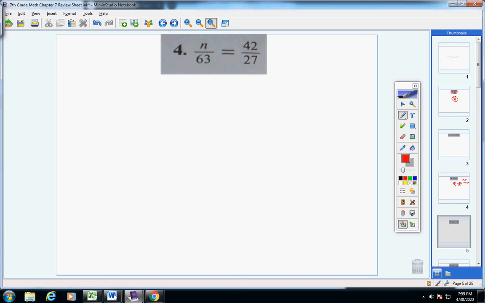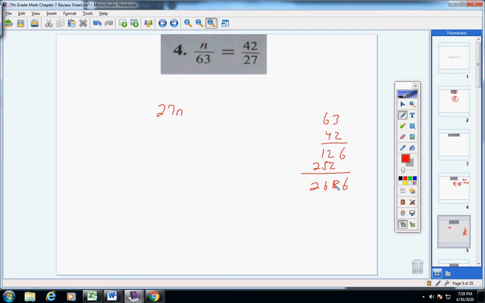Now, 4, 5, and 6, the directions say to solve these proportions. Hopefully you remember how to do this, okay? When you have two ratios set equal, you cross multiply. 27 times n is 27n. Then we take 63 times 42. Let's do that real quick over here. 126, 252, 2,646.